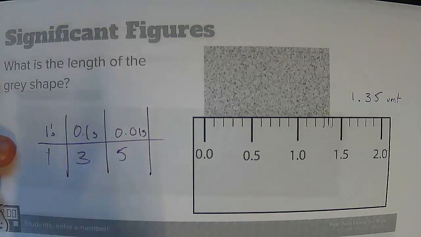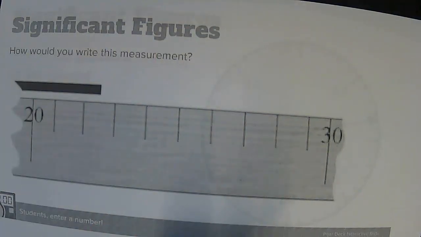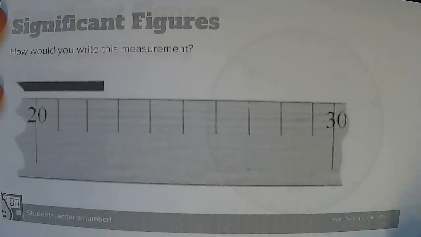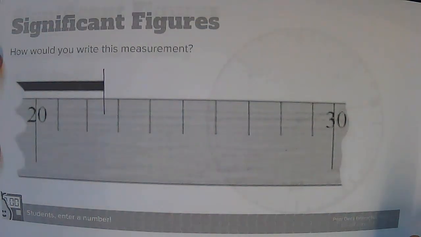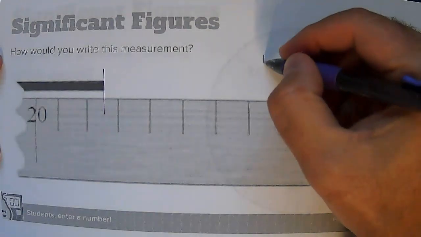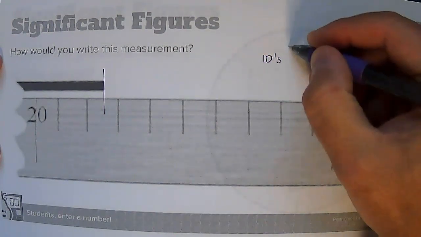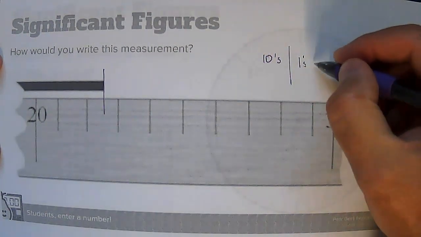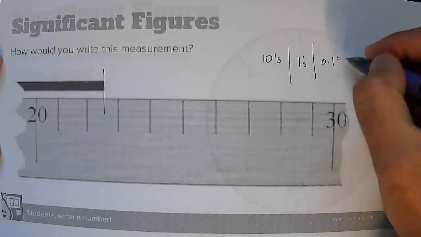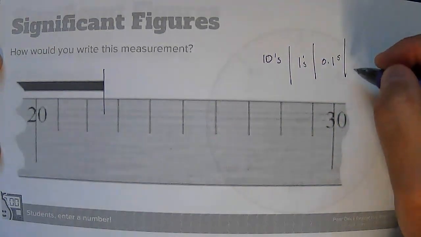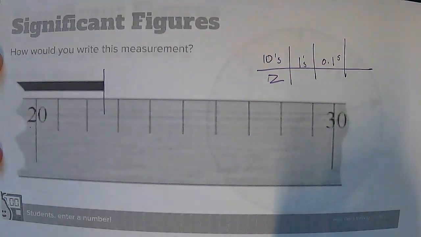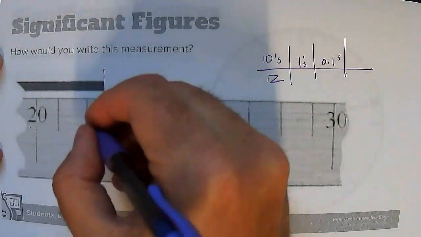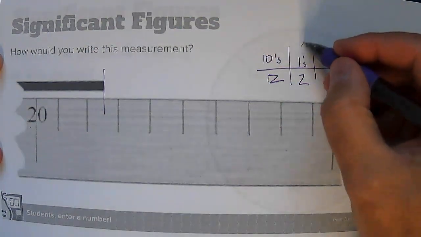Okay, so let's do another one. What you can do is you can pause if you want, and you can come up with the length of this thing. I'm going to put our place value chart here: tens, ones, tenths. It looks like it's 20, and then it's 22, and then we're going to estimate one place.